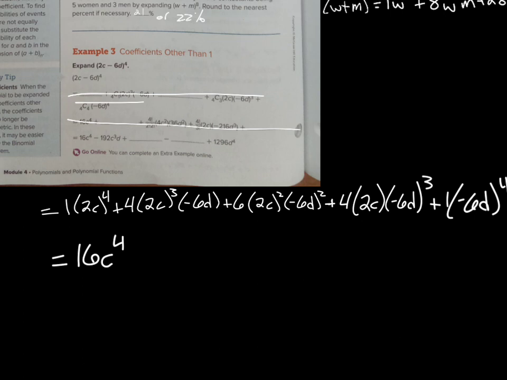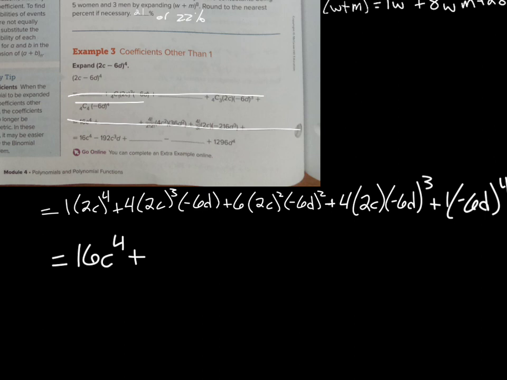So then again, plus here, 2c cubed is... What's 2 to the third power? It's 8. 2 to the third power is 8.